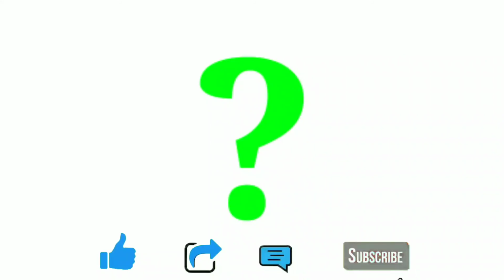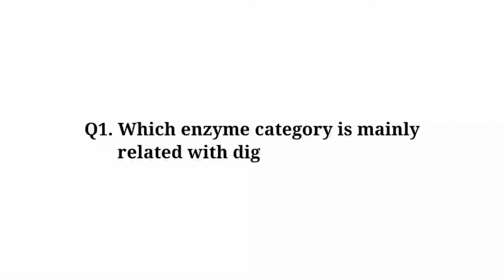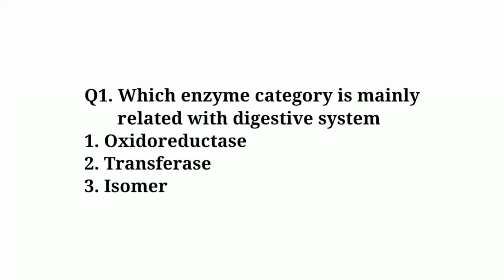Now some MCQs related to this video, which will help boost your knowledge of this topic and help you find out how much you learned from this video. Question number 1: Which enzyme category is mainly related with the digestive system?